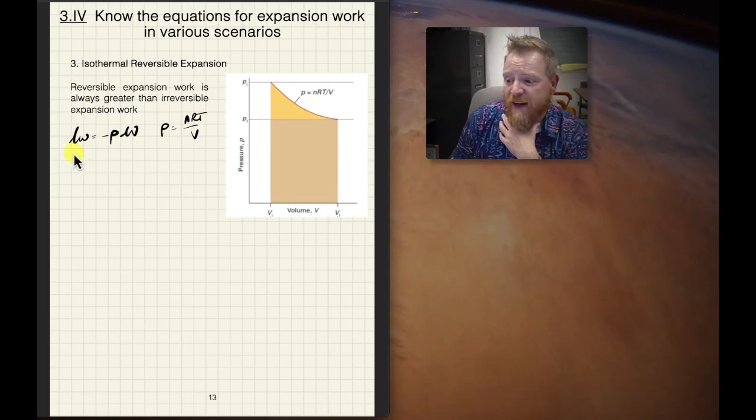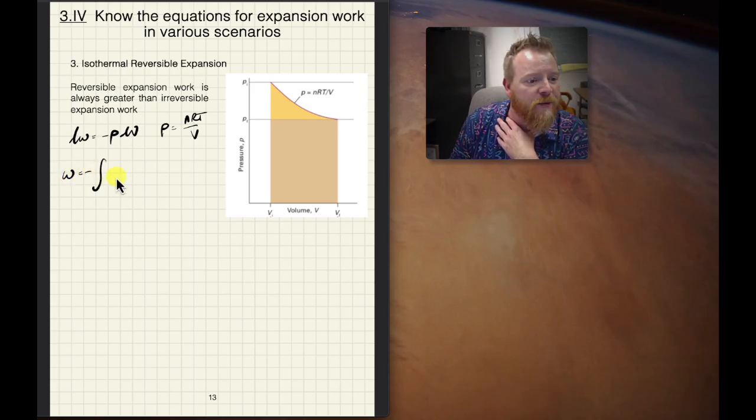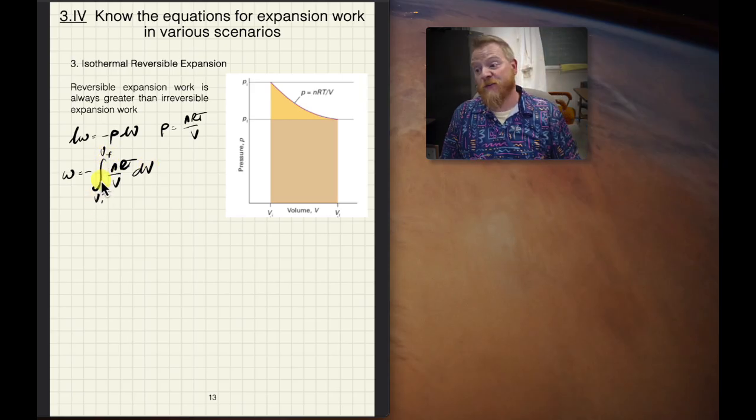So when we plug that into that integral, we're going to integrate both sides. We get work equals negative integral, and then now I have to plug that in. Okay, so I have to say nRT over V times dV integrated from some initial volume to some final volume.